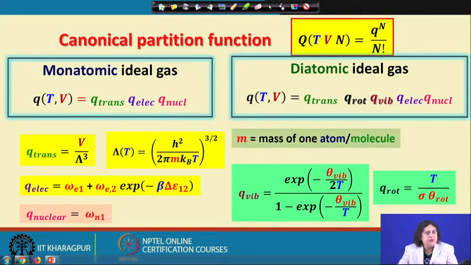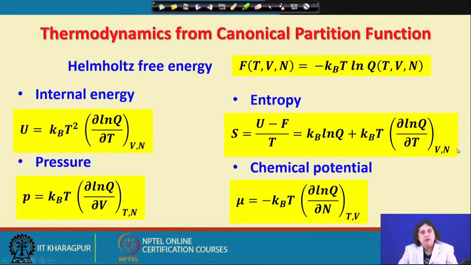With this background in mind, we have already talked about how to obtain the thermodynamics from the canonical partition function, and as you know, all the thermodynamic properties that are of interest in our case can be derived if you know the dependence of ln Q on properties like temperature, volume or the number of particles.